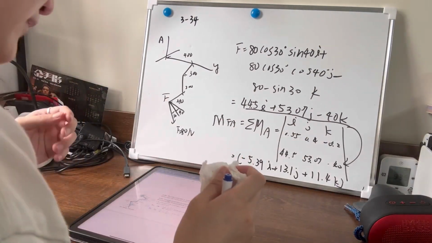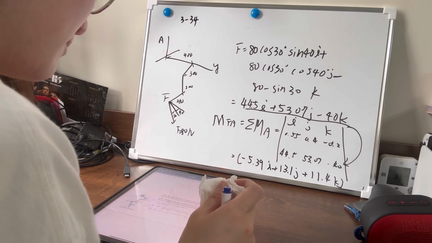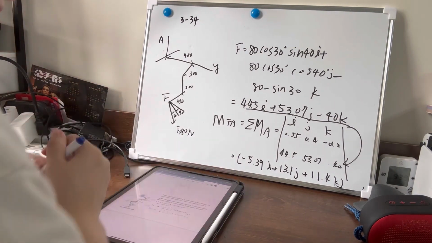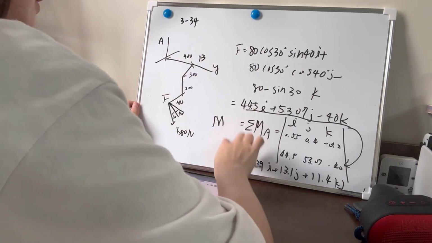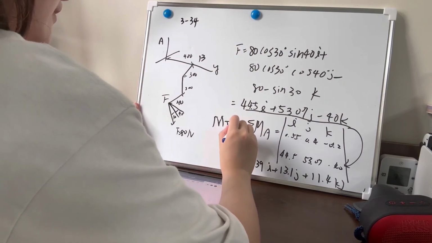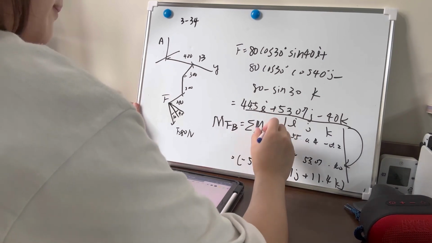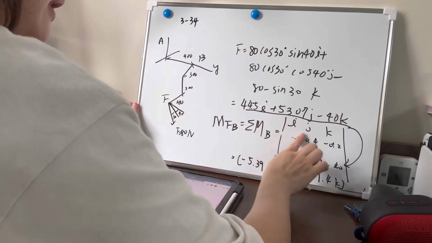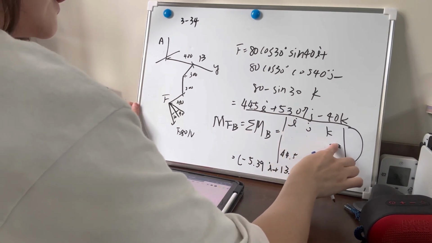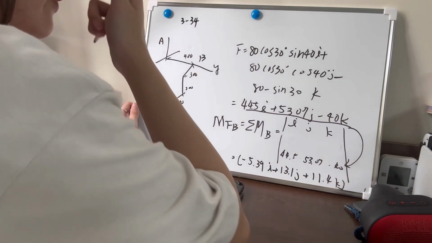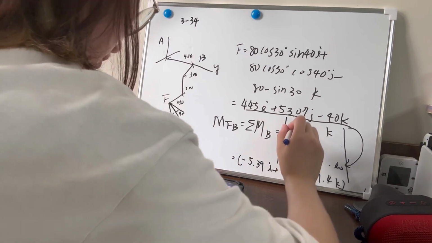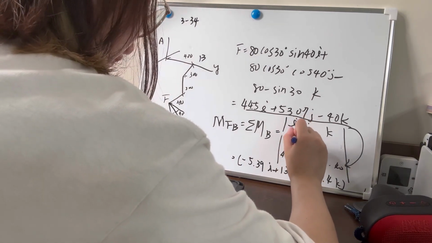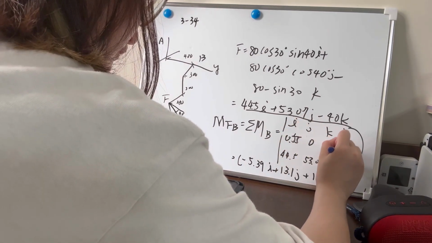And now we have to figure out the moment at the point B. And the point B is here, so its distance have to be FB. So summation MB. And the distance we have to change from the F to B. So it's 0.55, 0.